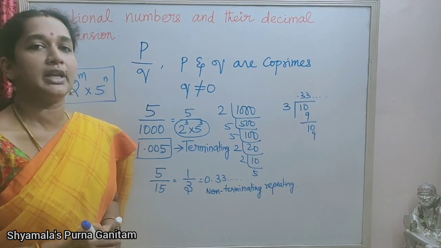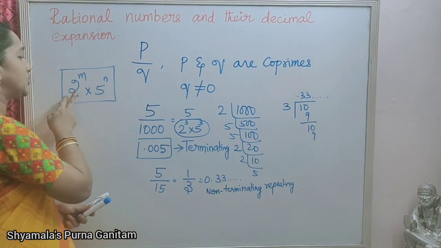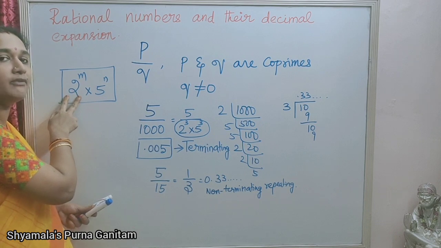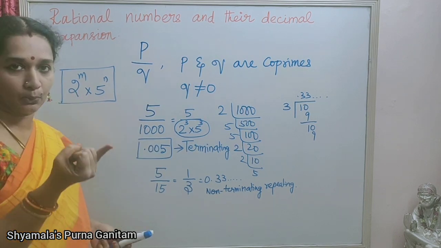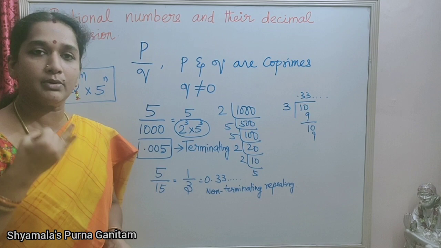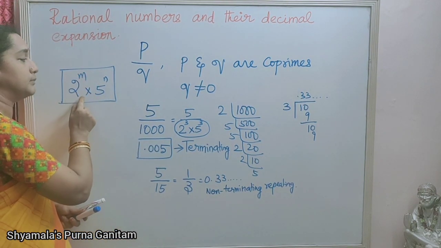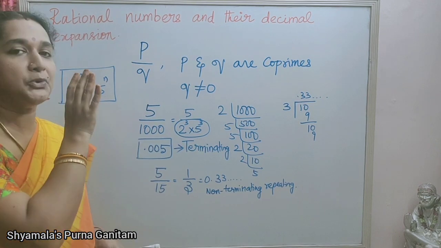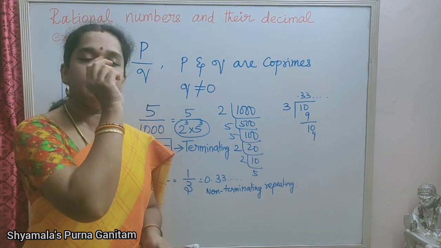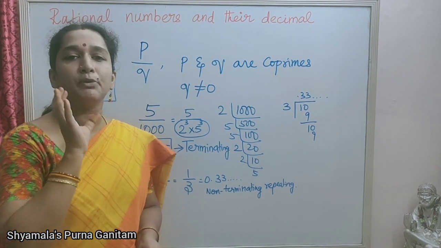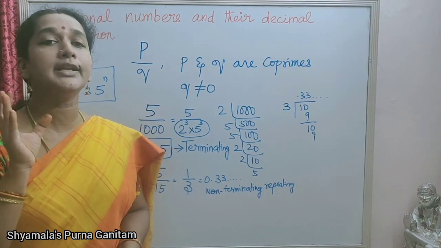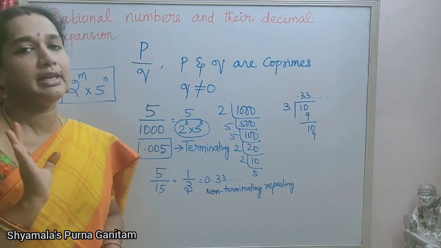The denominator should have either powers of 2, or powers of 5, or the product of 2 power m into 5 power n. If you have these conditions in the denominator, those types of decimal expansions are called terminating decimal expansions.